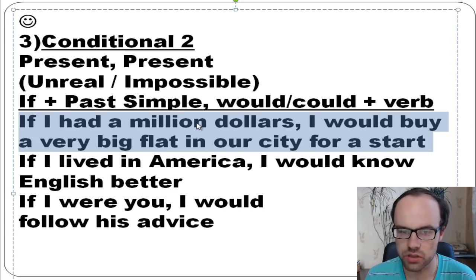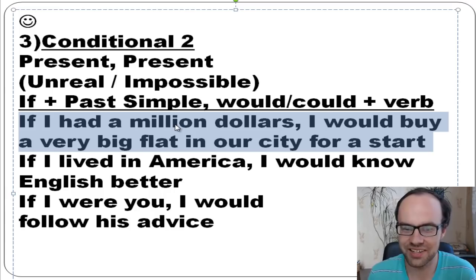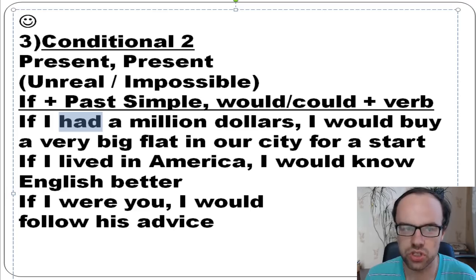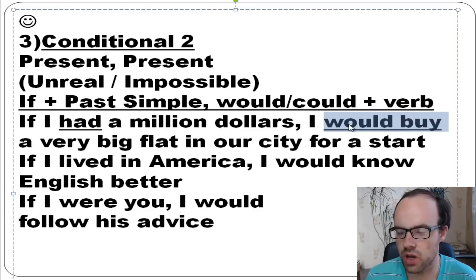So if I had $1 million, it's unreal, impossible, so I don't have this money, you know, I have little money, not $1 million, so it's too much, and so it's in my imagination, so I imagine it, yeah, it isn't true now, so I don't have $1 million now. So if I had $1 million, and we use past simple. If I had $1 million, I would buy, yeah, would plus verb, so it's about now, so what would I do? I would buy a very big flat in our city for a start, okay?